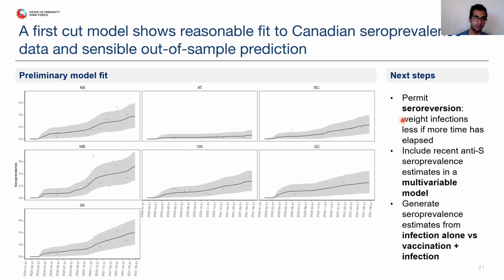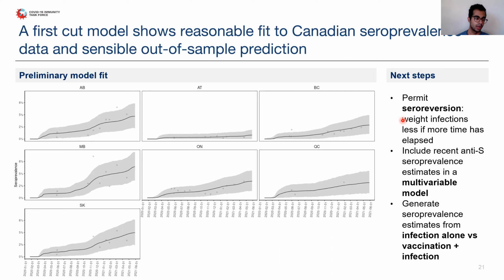Each facet represents a different province, with AT being the Atlantic bubble represented as one province, and the y-axis is seroprevalence. We get a reasonably good fit to the seroprevalence data for each province, which is shown as the subtle gray points here.